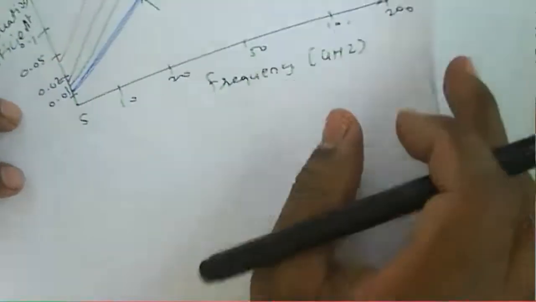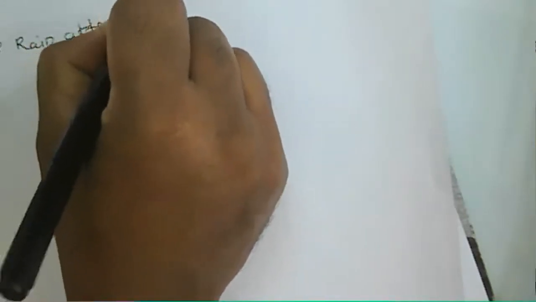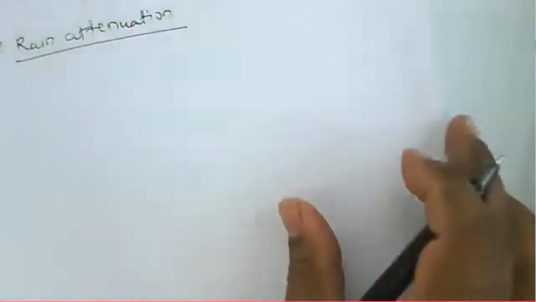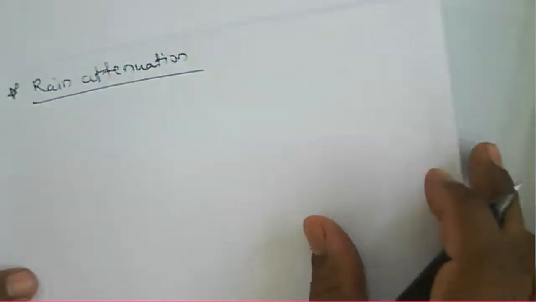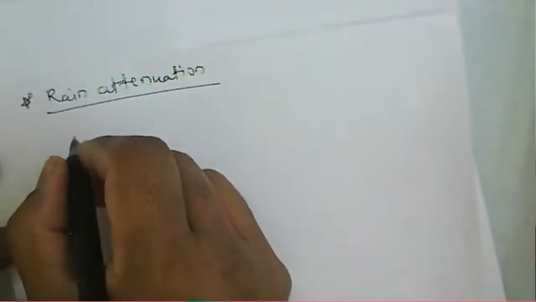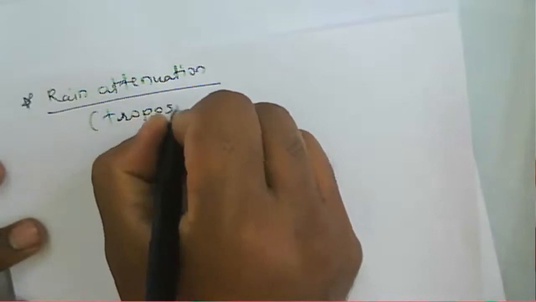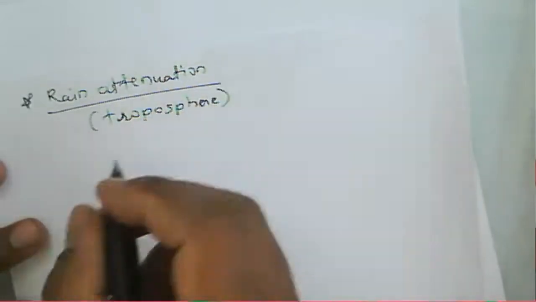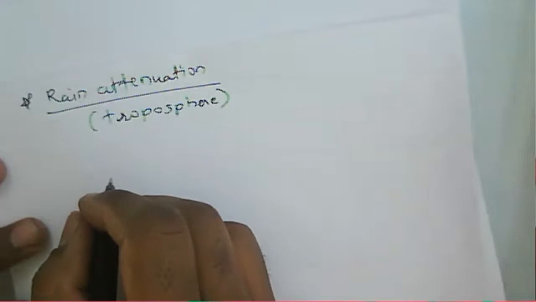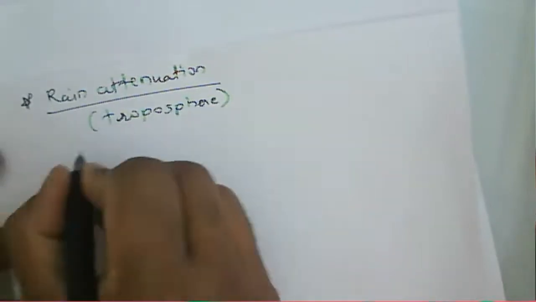Next we consider the rain attenuation. Consider the next topic, that will be the rain attenuation. Now in the case of rain attenuation, that effect will occur in the troposphere, or tropospheric region.